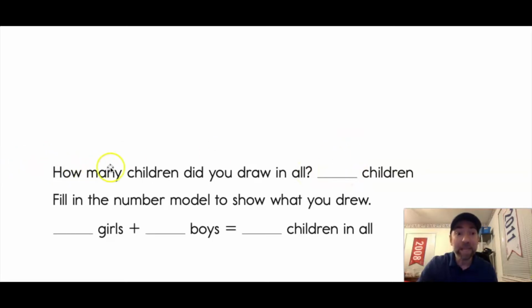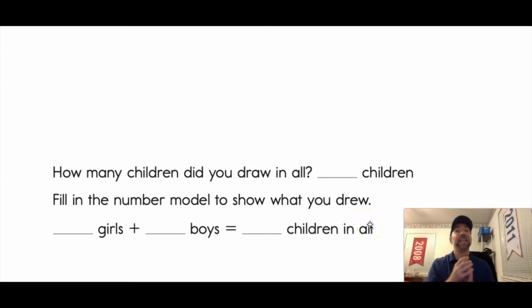Then it asks you to fill in the number model to show what you drew. Blank girls plus blank boys equals blank children in all.